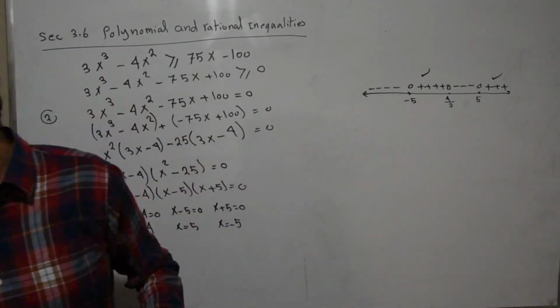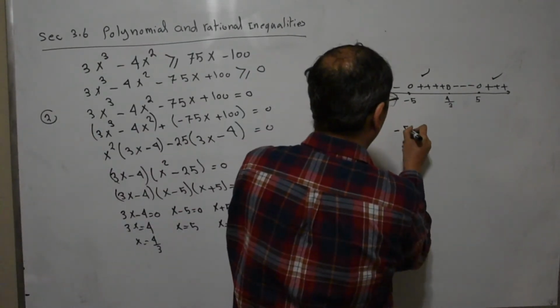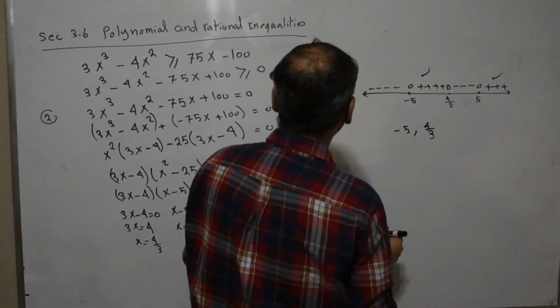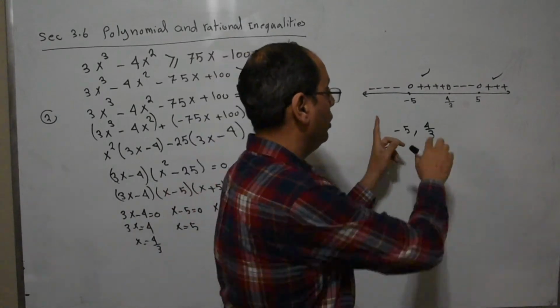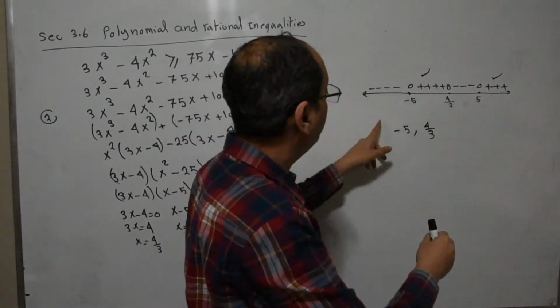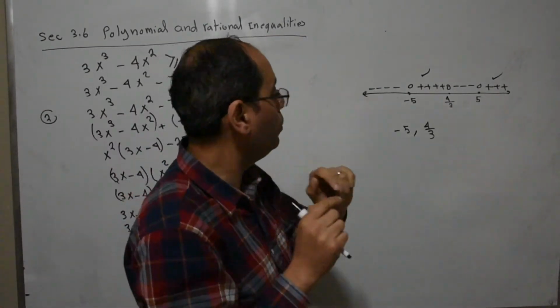So the solution here would be negative 5 and 4/3. Okay? But what parentheses should I add? Parentheses or bracket here? Here it says equal, so I need to include the zeros.